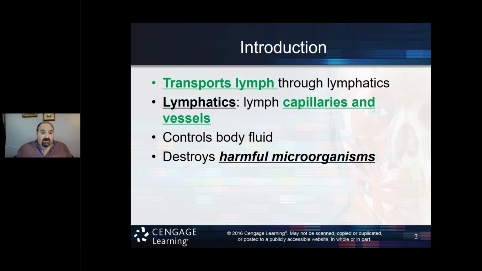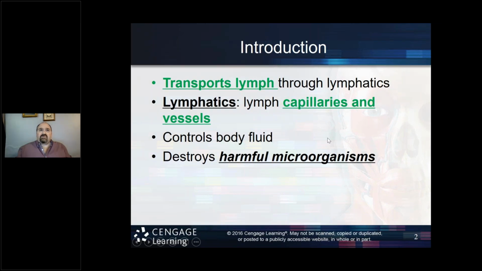So you'll see here that the lymphatic system uses these lymphatics, these lymph capillaries and lymph vessels. They contain valves to allow for only one way of movement of the lymph towards the cardiovascular system, towards the right side of the heart, which will drain this lymph fluid back into the blood.